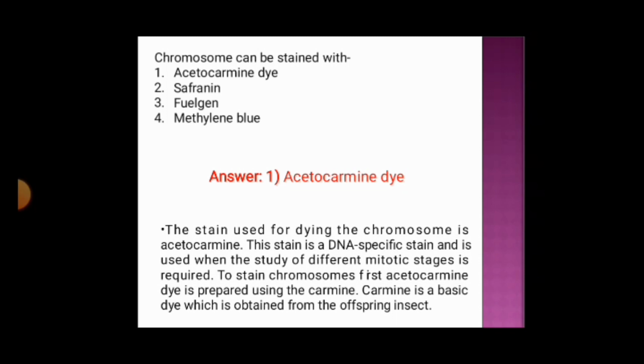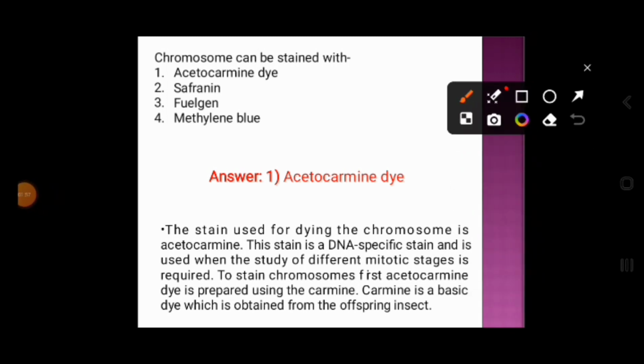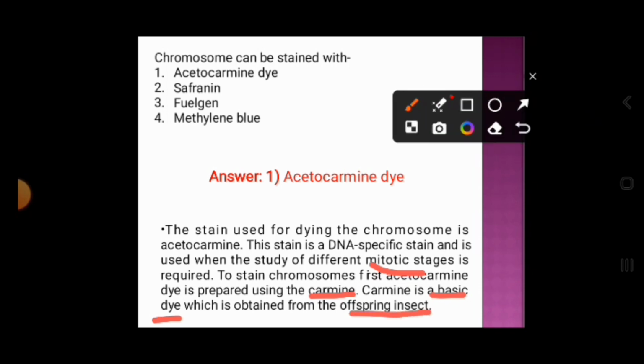This stain is a DNA specific stain and is used when the study of different mitotic stages is required. To stain the chromosome, first acetocarmine dye is prepared using carmine. This carmine is a basic dye which is obtained from an insect.